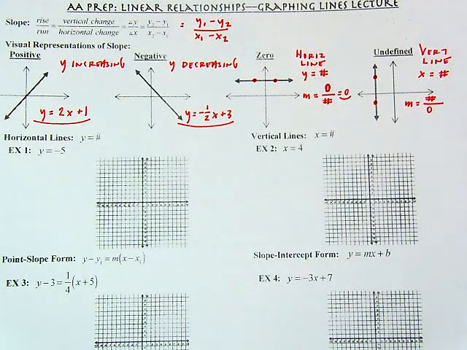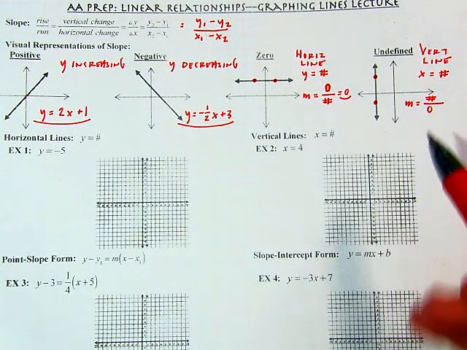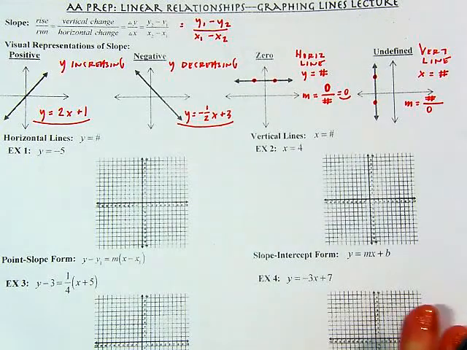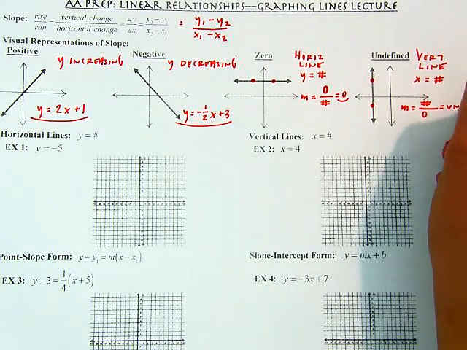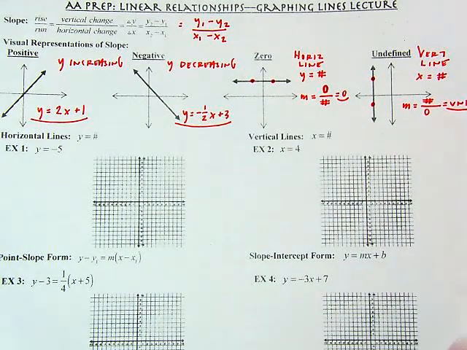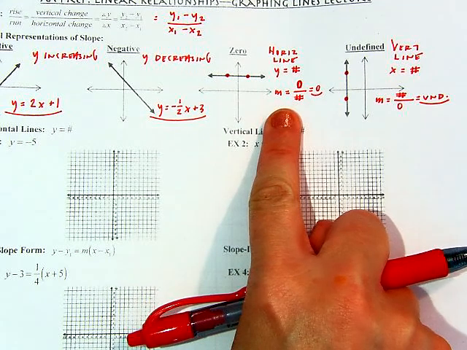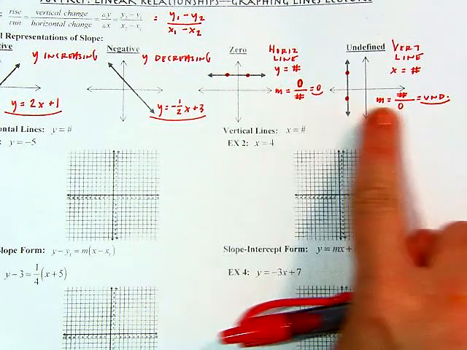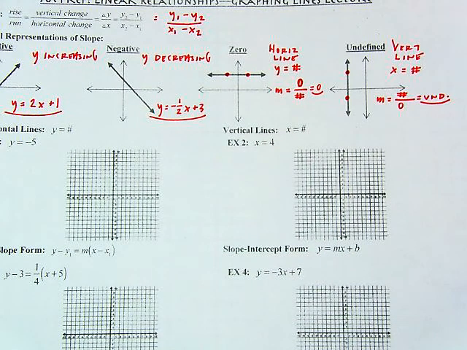Whenever I have 0 on the bottom of a fraction, that is undefined. I can't multiply 0 by any other number and produce the number that is on top. So here we say that is undefined. Just leave it abbreviated just like that. So a horizontal line will always have a slope of 0, and a vertical line will always have a slope that's undefined.